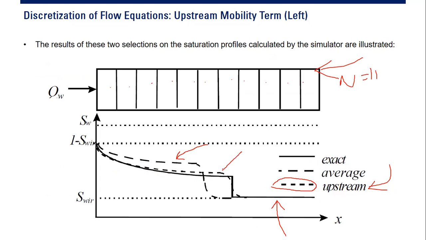This is the solution. I think you can see that the upstream solution is better because it is closer to the exact solution. The average solution is actually good, but it is not close enough to the exact solution.